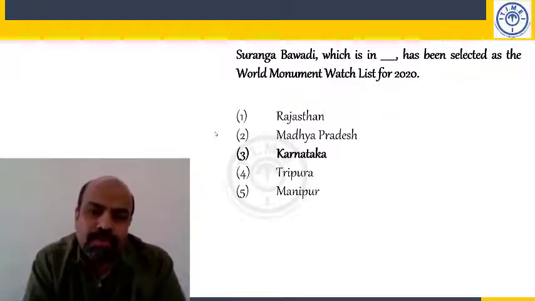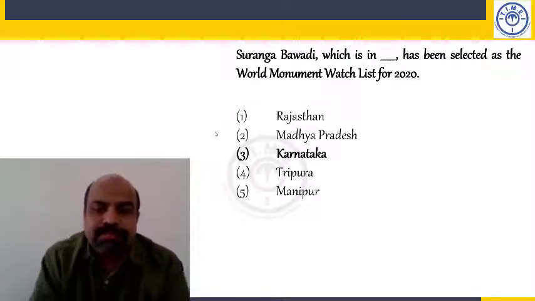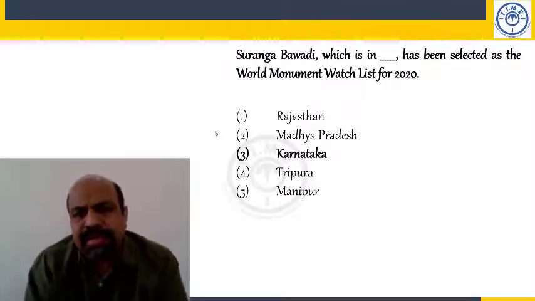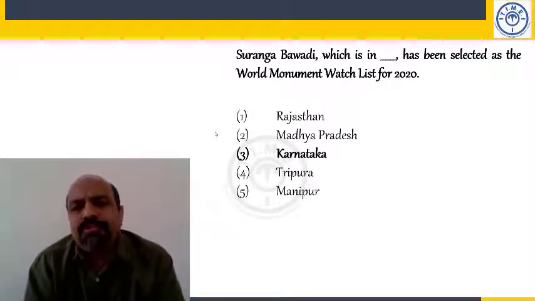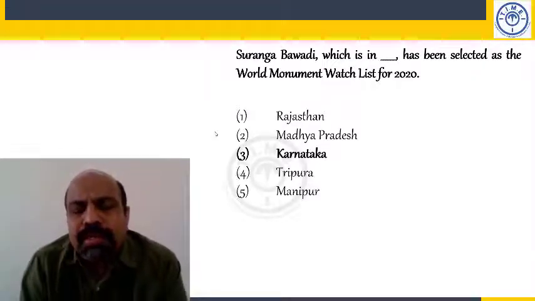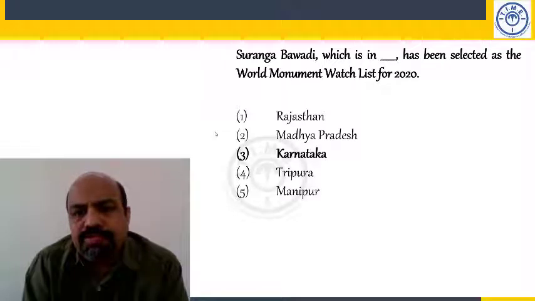Madhya Pradesh, India's second largest state by area. You want the area? Rajasthan 3.42 lakh square kilometers. Madhya Pradesh 3.08. Only for these two we'll write the areas.